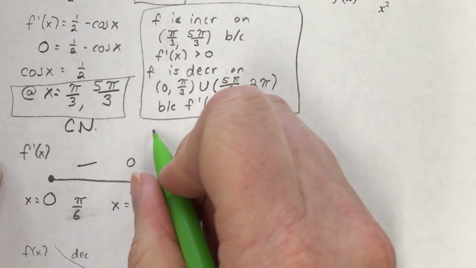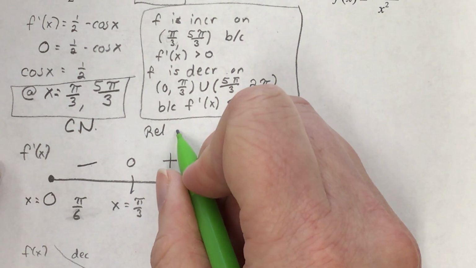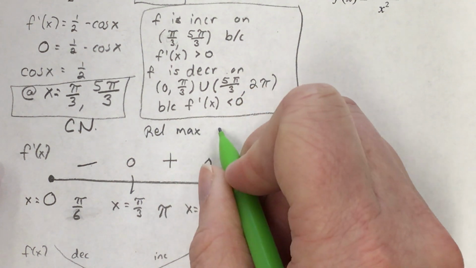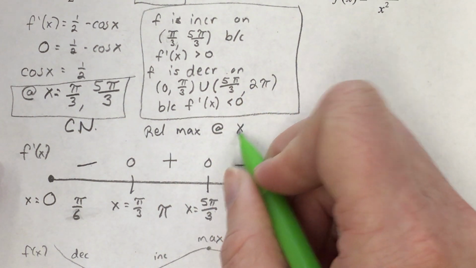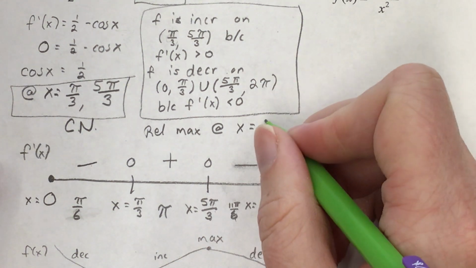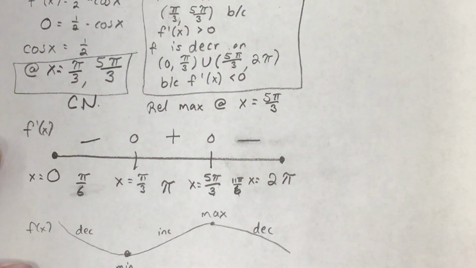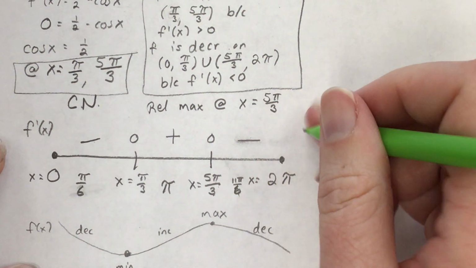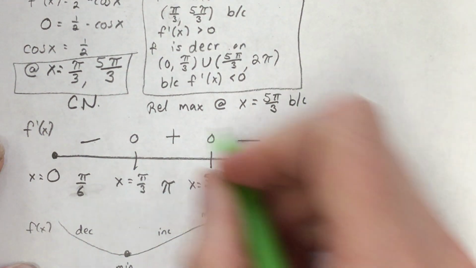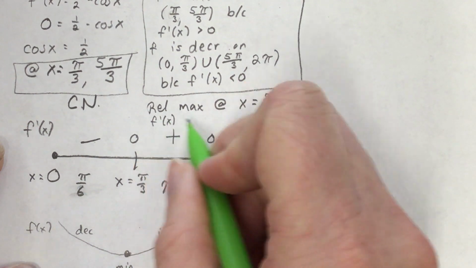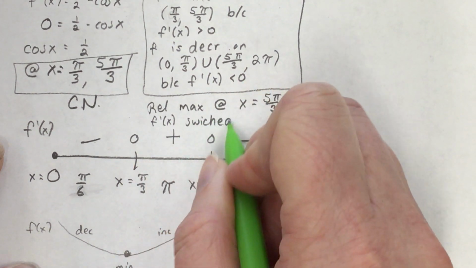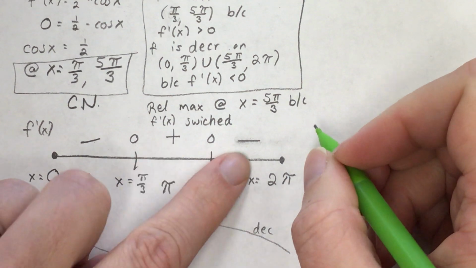We have a relative max at x equals 5 pi over 3. And that relative max is because f prime of x switched from positive to negative.